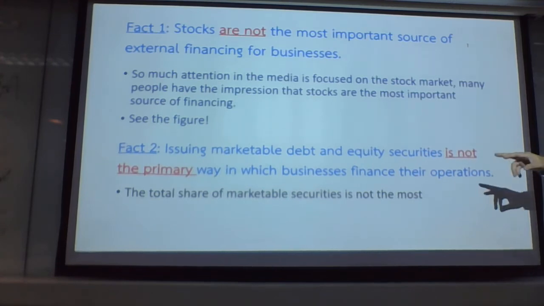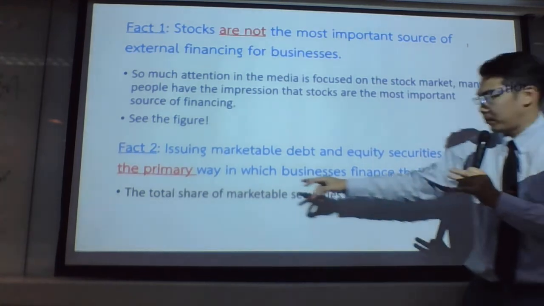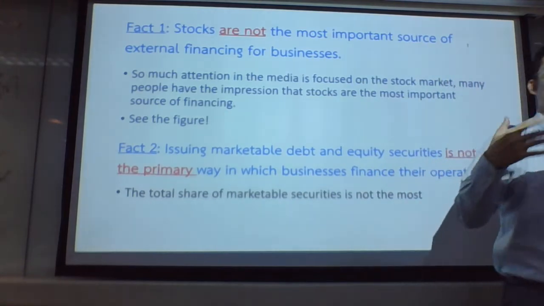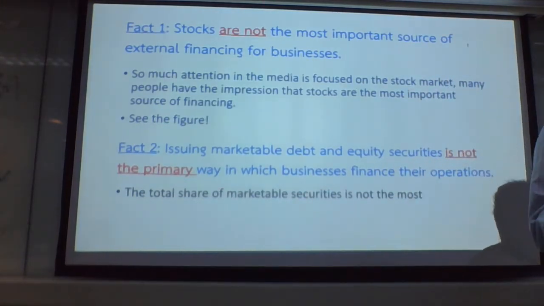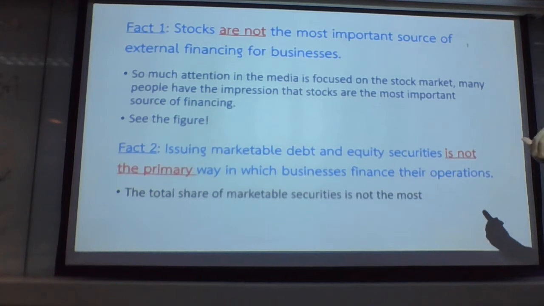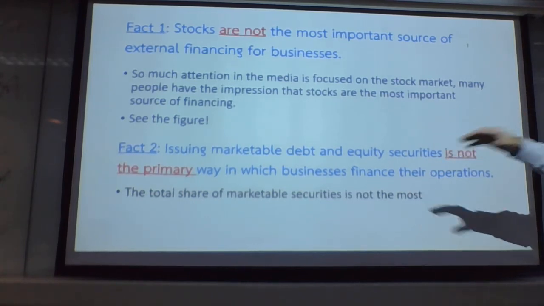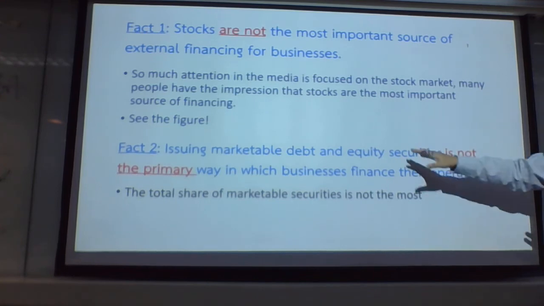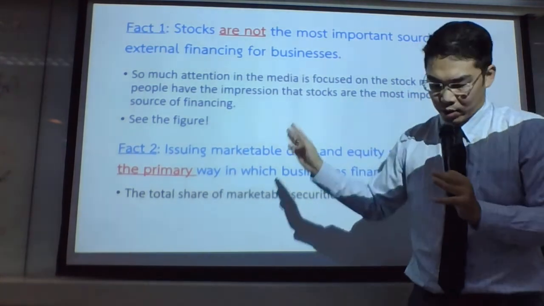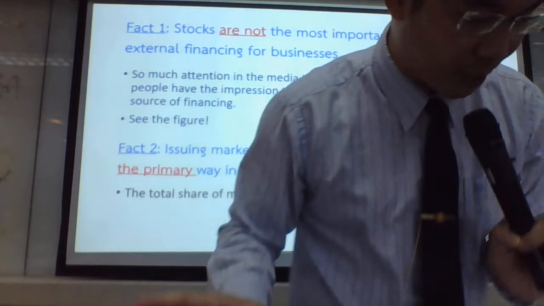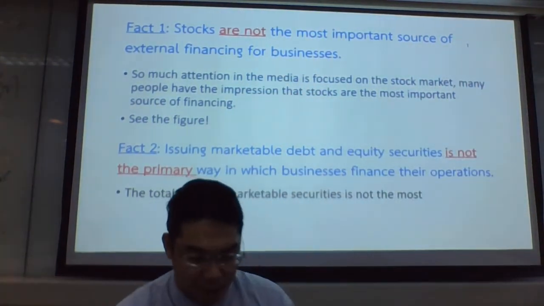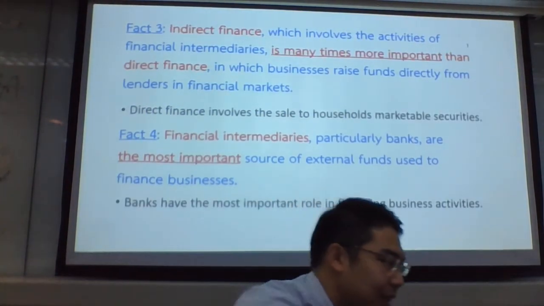Issuing marketable debt and equities is not the primary way, because it incurs lots of cost, and that cost increases because of asymmetric information. When we issue debt or equity, we face the problems of asymmetric information to some degree. They are not popular because they have a high cost of issuing.